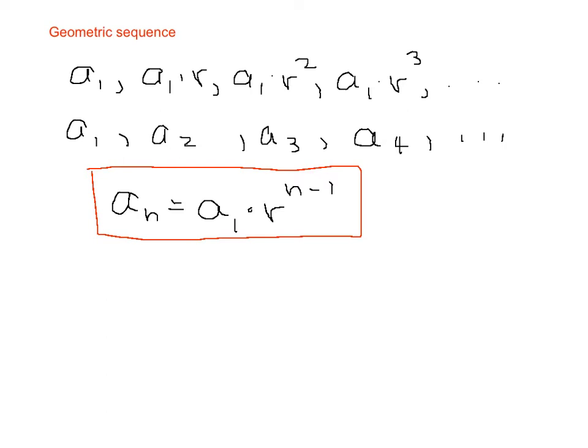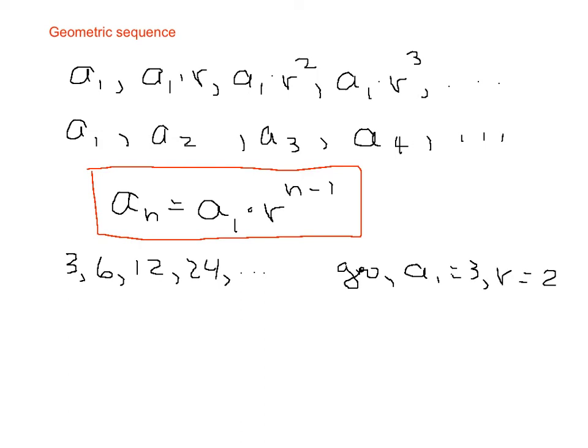So let's look at an example here. And suppose we're looking at the sequence 3, 6, 12, 24, and so on. This is geometric. The first term is equal to 3, and r is equal to 2.